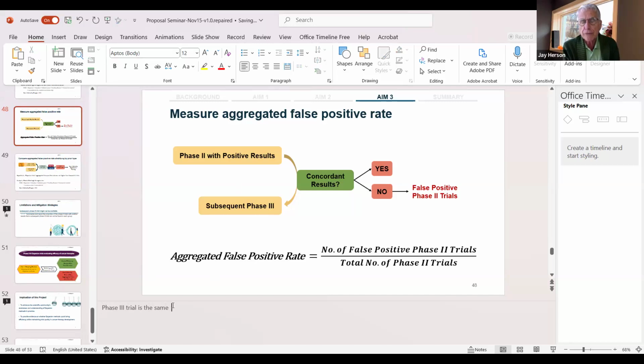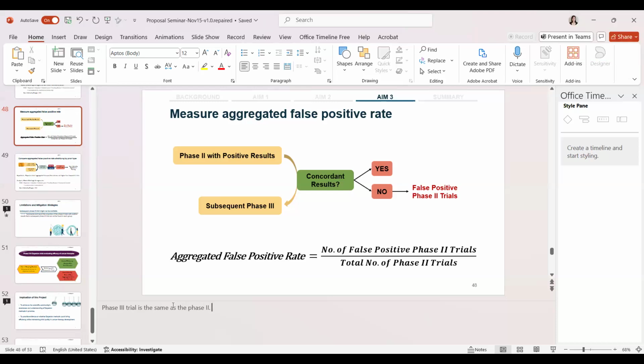So they may have different eligibility, different doses, different schedule. That's why we do phase 2 trials. So it may not be in all cases just a smooth transition from phase 2 to phase 3.